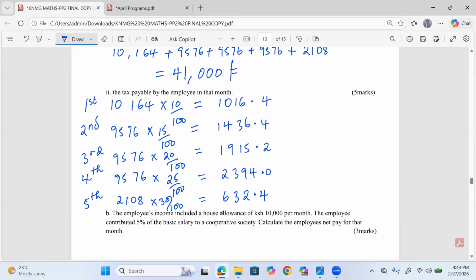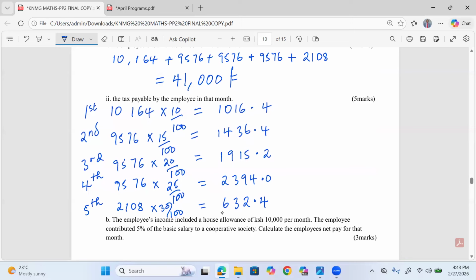So now, after getting the taxes from each of the brackets, ladies and gentlemen, we can talk about the gross tax, which shall be the addition of the respective taxes from all the brackets. 1016.4 plus 1436.4 plus 1915.2 plus 2394.0 plus 632.4.